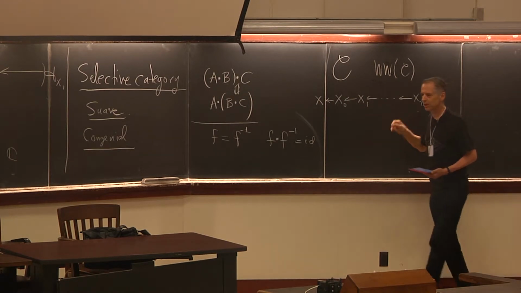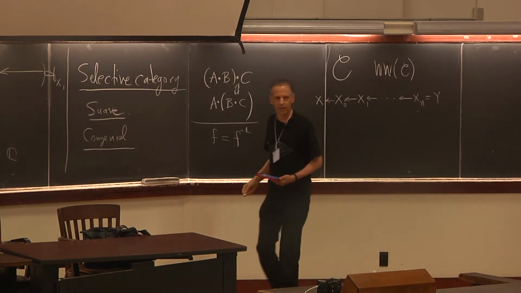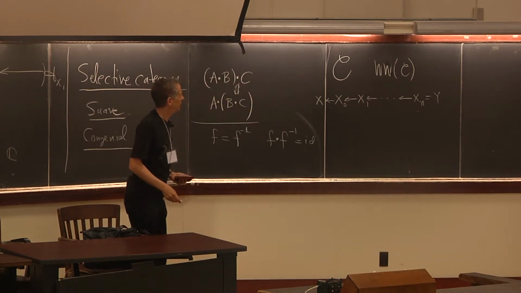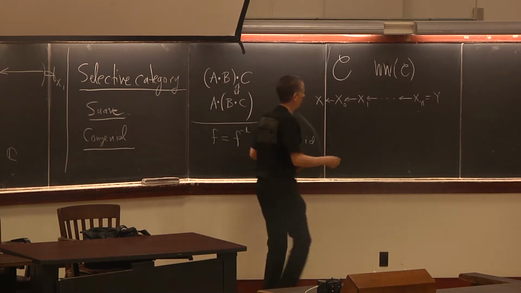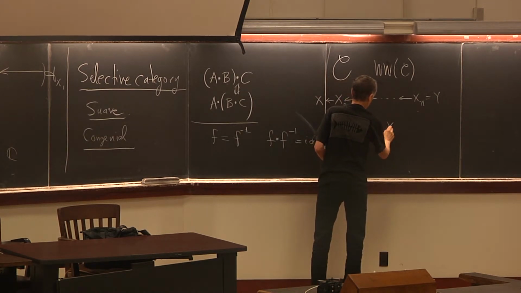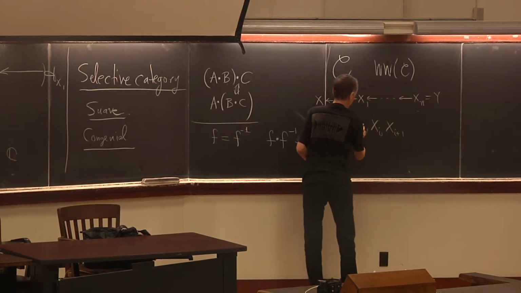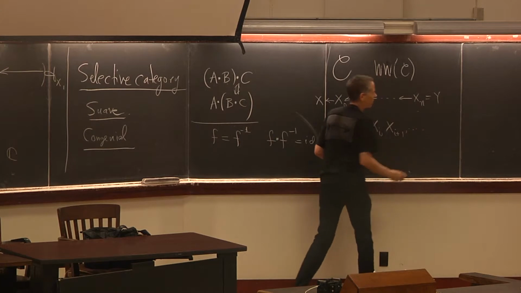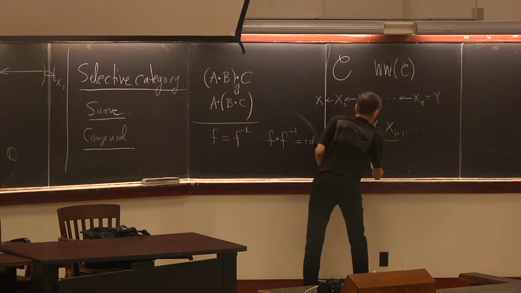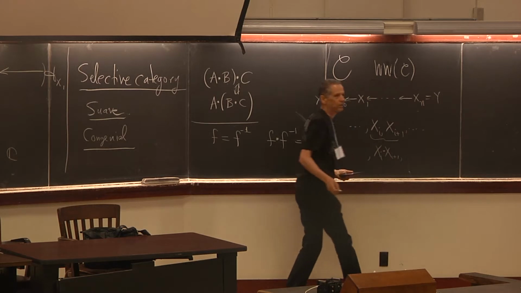I can compose those by concatenation, but that really isn't so interesting. But what is interesting is that if I allow a certain relation, that if I have somewhere along the path a congenial pair, then I am allowed to replace it by its actual composition. So I get a path that's one shorter.